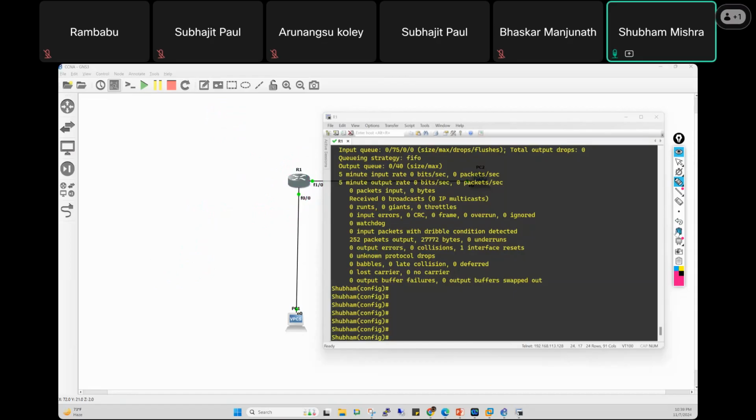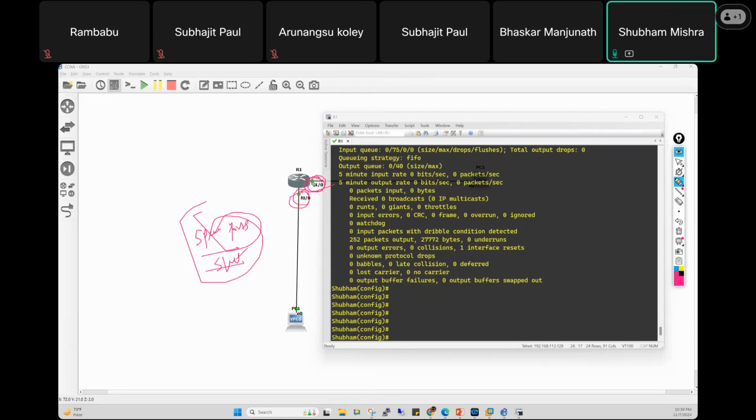So, for example, these 2 ports are spare ports. So what I will do, I will put the description on those interfaces, spare ports, and I will shut these 2 ports. Generally, in real time scenario, we are doing it like this.